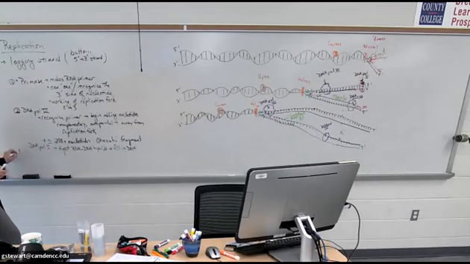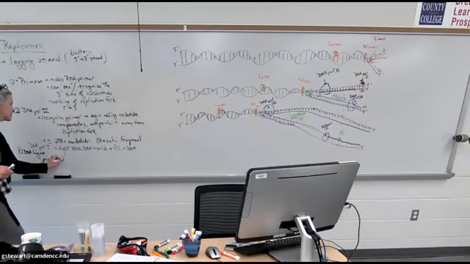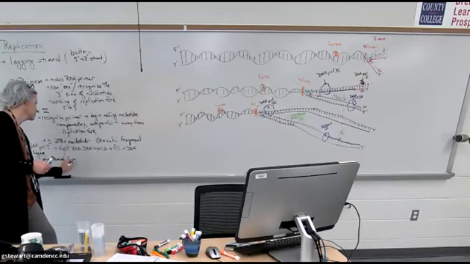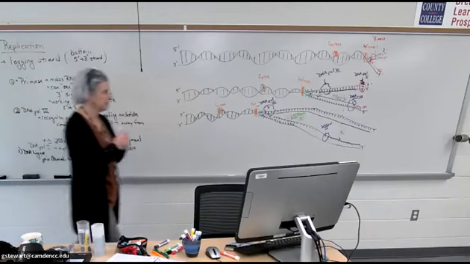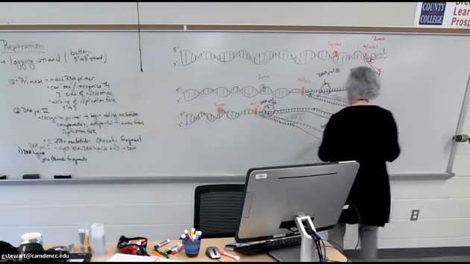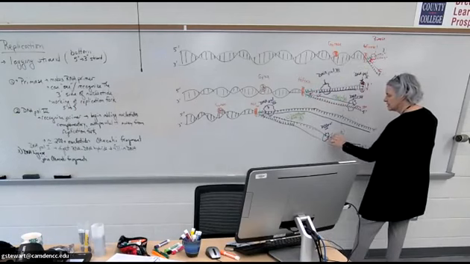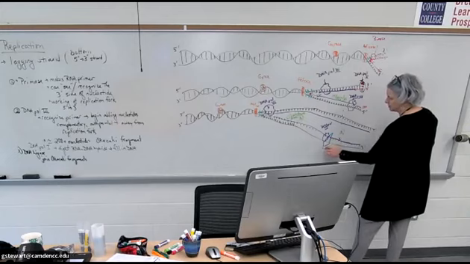Number 3, I'm going to put DNA ligase. DNA ligase's job is to join the Okazaki fragments together, right? I like to think of it as stitching them together. So right here, I'm going to draw DNA ligase. I like to draw it as kind of a blue diamond, but it's not working out very well.